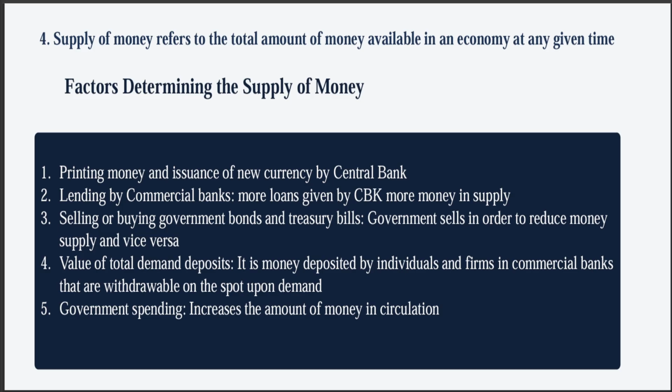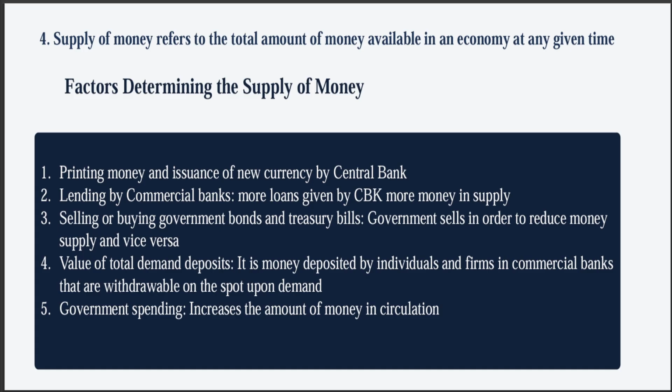So the supply of money is high when the government buys those bonds because we release cash. So once it releases cash, yamaanisha pesa ziko.